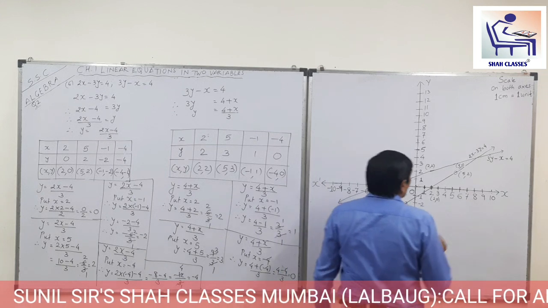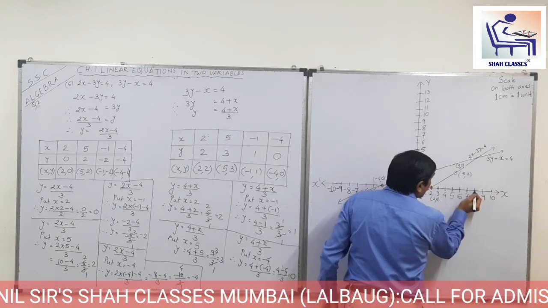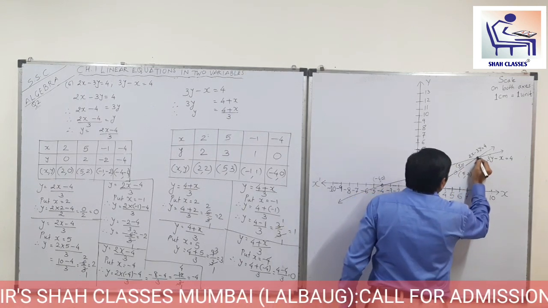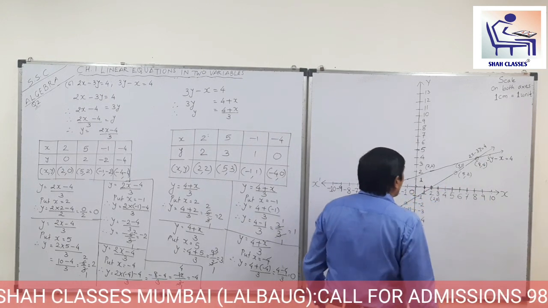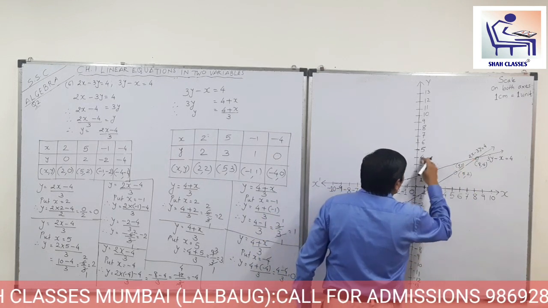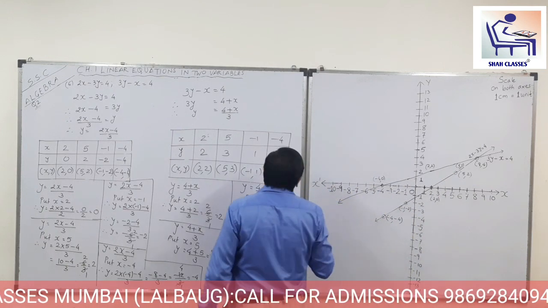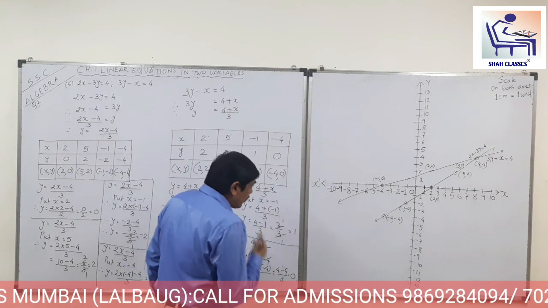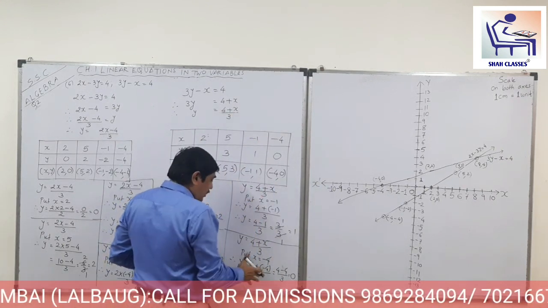Now we have to see the point of intersection. This is your point of intersection. So 8 and 4. Our final answer is x is equal to 8 and y is equal to 4. Now we have to write the final answer. I don't have the space, so I am writing here, but you write it at the last.